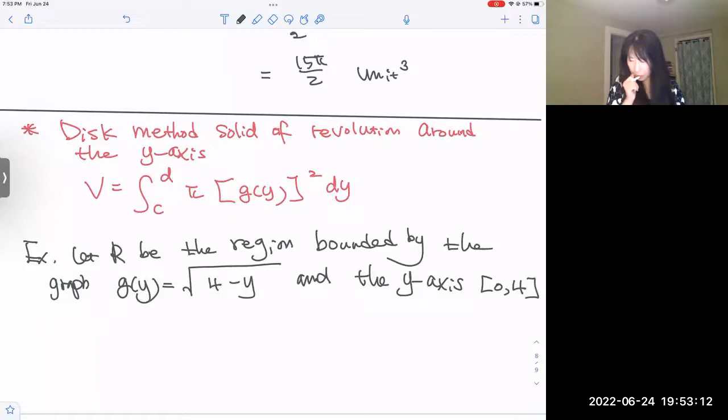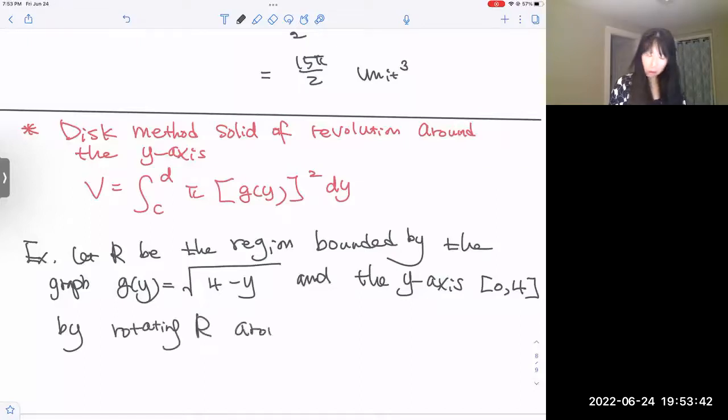Find the volume. So they said it's rotating about the y-axis, but let me write it one more time: by rotating around the y-axis. Okay. All right.